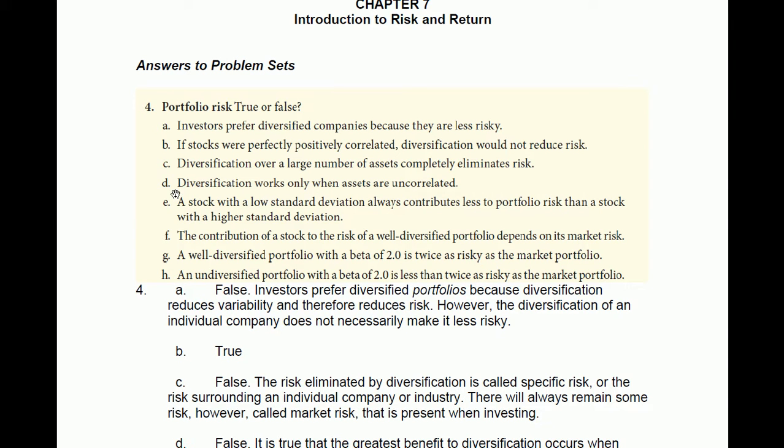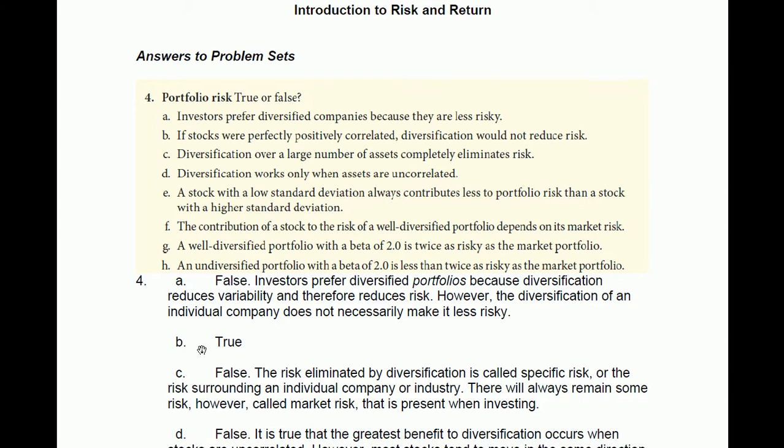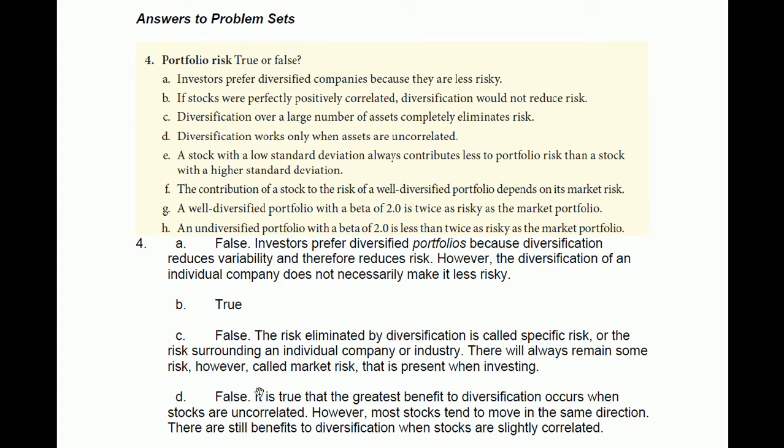D. Diversification works only when assets are uncorrelated. This is not true. It's true that the greatest benefit to diversification occurs when stocks are uncorrelated. However, most stocks tend to move in the same direction. There are still benefits to diversification when stocks are slightly correlated. Well, there are some good cases when stocks are negatively correlated, and we call the stocks each other a hedge.